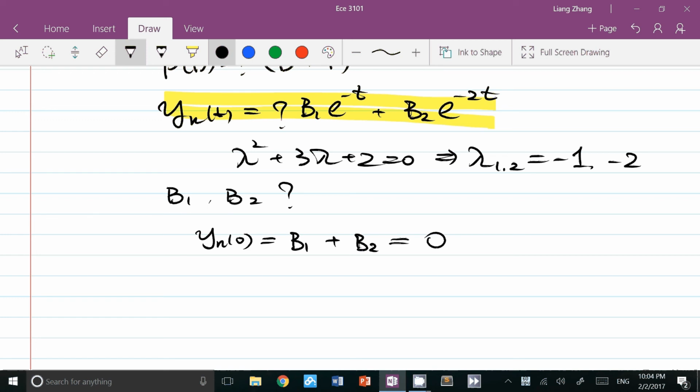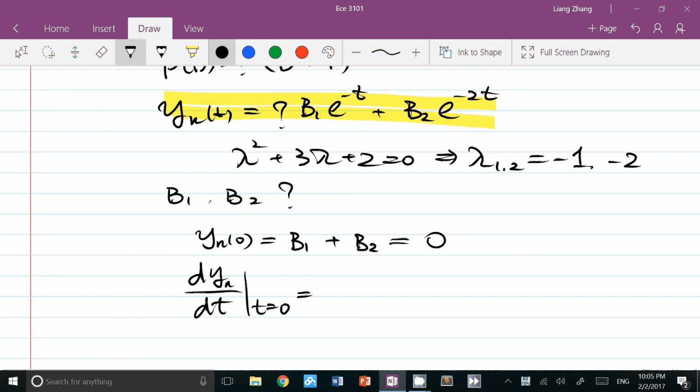The special initial condition asks all the equations to be equal to 0 except for the last one. So we need two equations to solve for two constants. Now we have the first one. The second one will be the last one, constructed by taking the first derivative and evaluating it at t equal to 0.